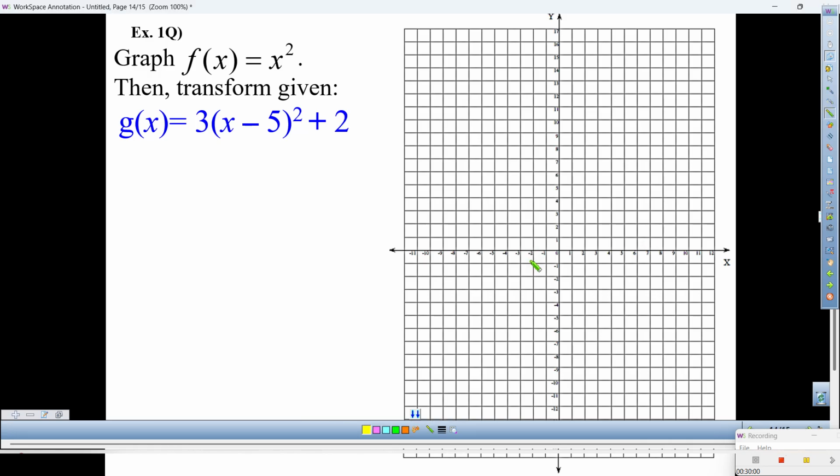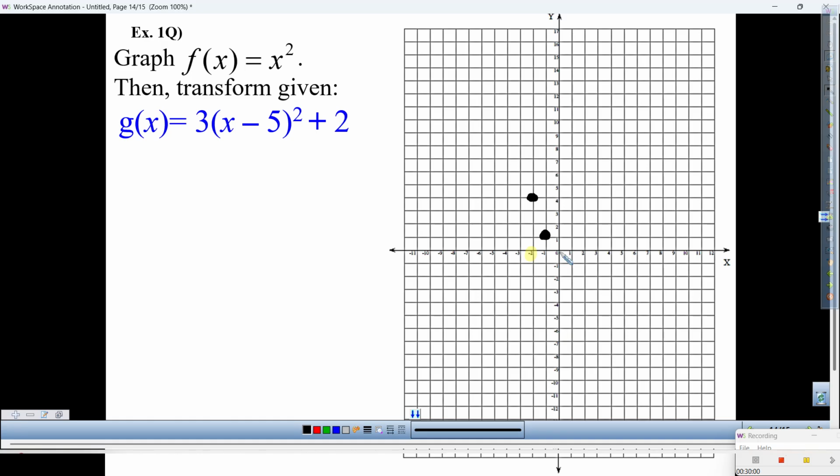We start by looking at -2. What is -2 squared? 4. So we start with -2, 4. That's exactly how the home plate is going to go. What is the next x value to the right? -1. What is -1 squared? 1.